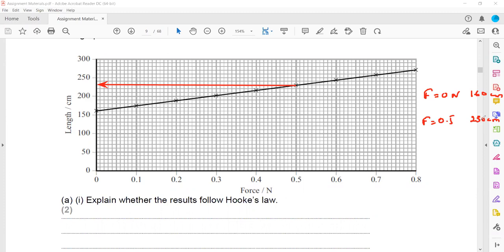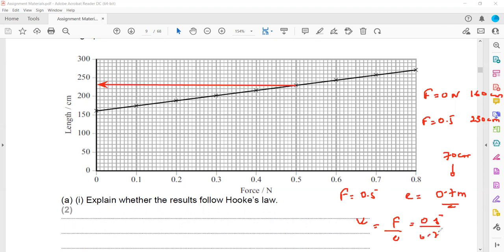So 230 minus 160, and we need the final answer in newton per meter, so we have to convert. 230 minus 160 is 70, and that 70 is in centimeters, but in meters it is 0.7. So we have the extension, the change, that is 0.7, and the change in force is 0.5. So stiffness k is force divided by extension, 0.5 divided by 0.7.